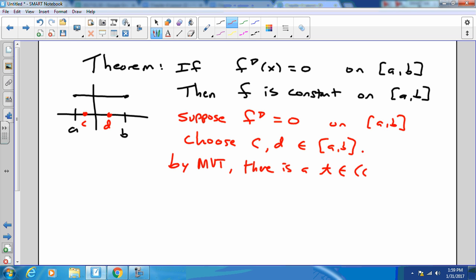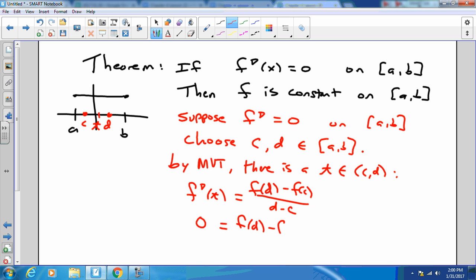So we can say, by the mean value theorem, there is a t somewhere in between c and d, such that f prime of t is equal to f of d minus f of c over d minus c.